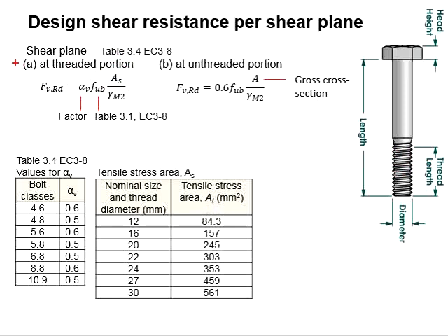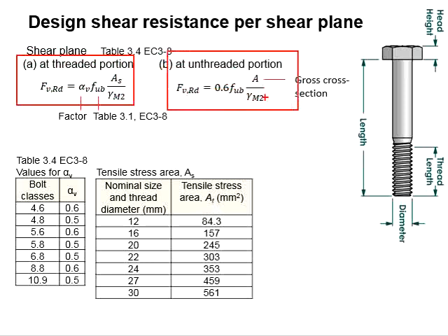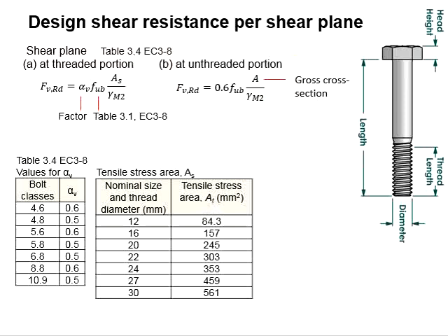The equations for the threaded portion and unthreaded portion are given here. For the shear plane falling within the unthreaded portion, the factor is consistently 0.6. However, for the threaded portion, the factor will be alpha V, as given in Table 3.4 of EC3 Part 8.